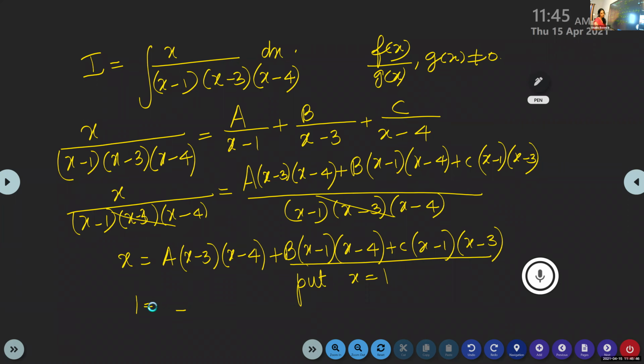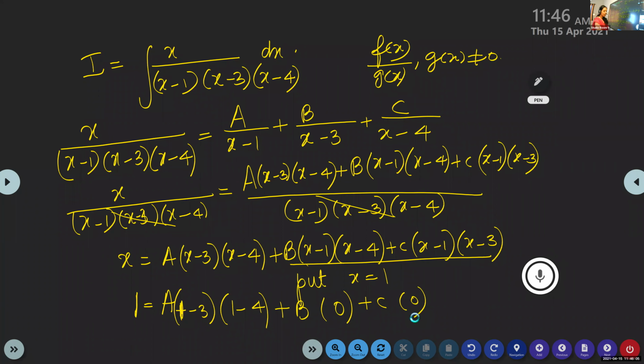LHS we will get 1. 1 is equal to, when you put x is 1, a into 1 minus 3 into 1 minus 4 plus b into 0 plus c into 0. From here, what is the value of a?